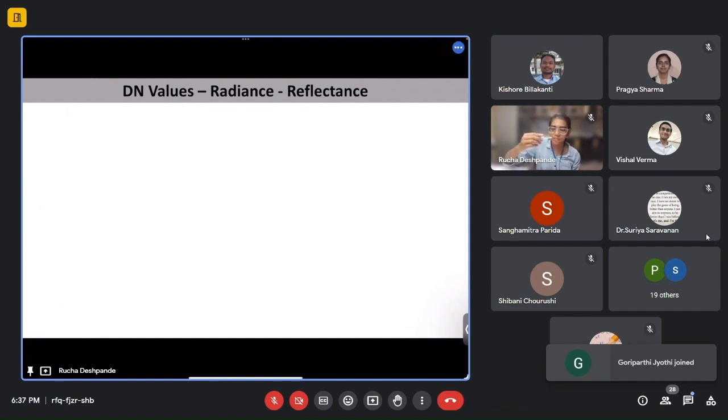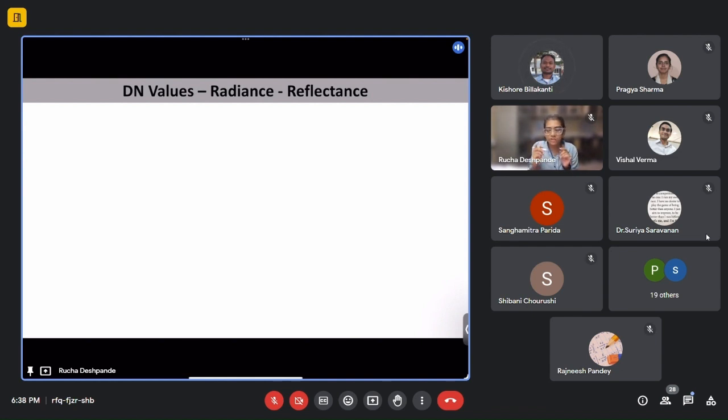So we receive solar irradiance, which is incident on the surface. We need to correct for the sensor and source geometry. Because of the sensor source geometry also, there is a slight decrease in the radiance. And then because of the atmospheric absorption, there is a decrease in the radiance.